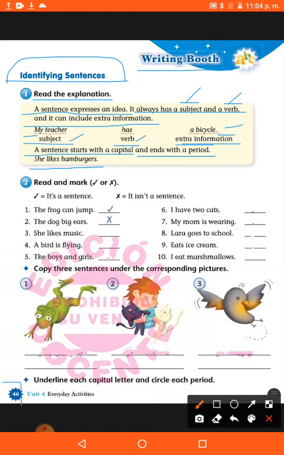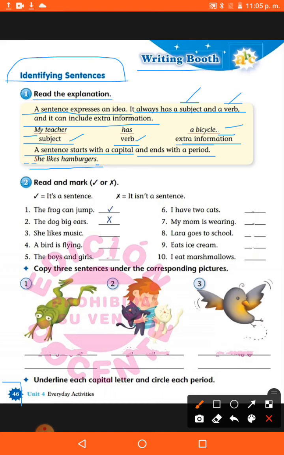And here you have the example of the capital letter S, and the period at the end of the sentence. Okay? Now you have the information. Now you know how to identify a sentence.